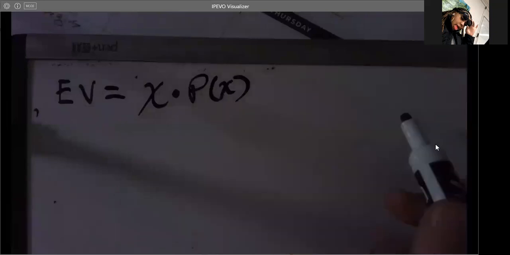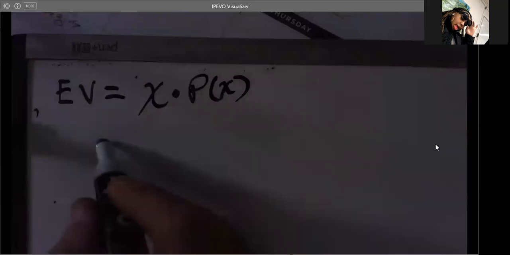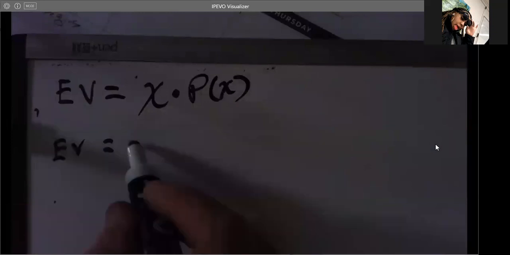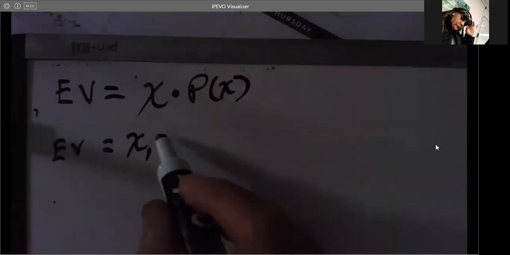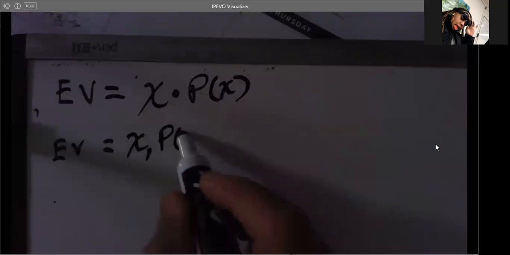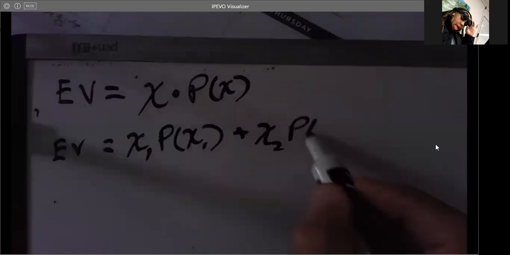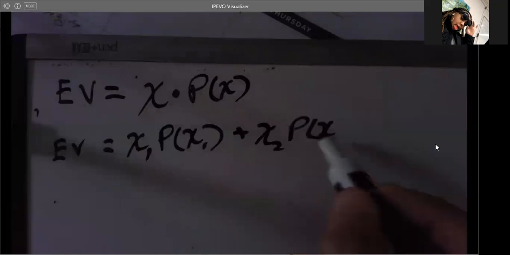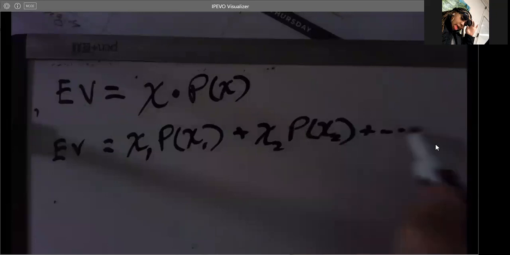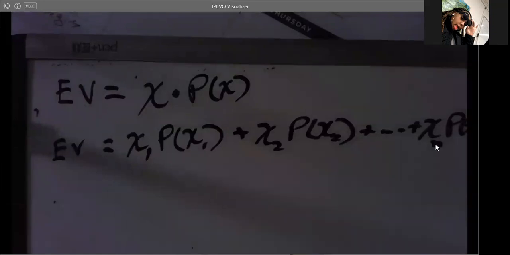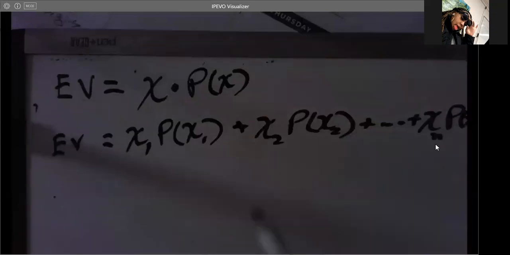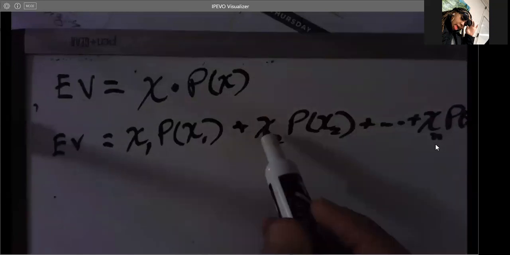So if you're working with multiple items, then the expected value would be item 1 times its probability plus item 2 times its probability, and so on. And you just keep going till you get to the end. Now, if there's a loss, your loss would be a minus.